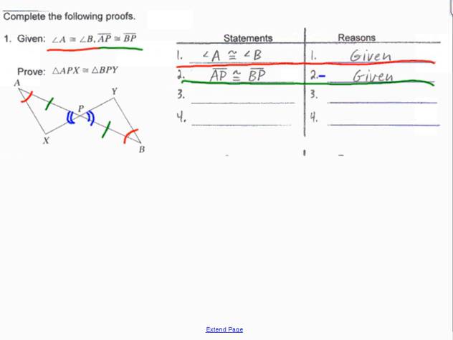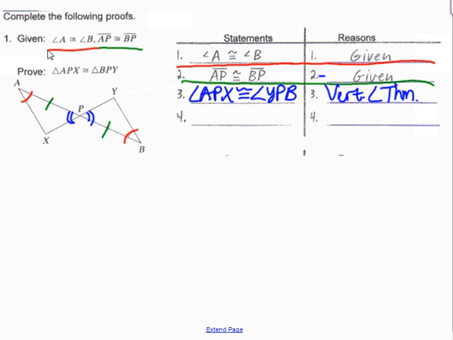So what you're going to write is angle APX is congruent to angle YPB, and the reasoning is because of the vertical angle theorem. Notice I didn't say angle P is congruent to angle P because if I say just angle P, I'm not sure which angle I'm actually using. So I need to use those three letters to be specific on what angle I'm using.